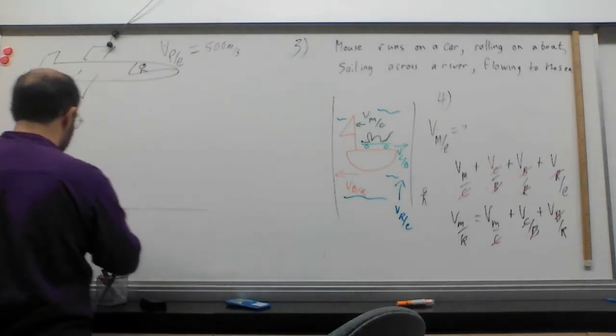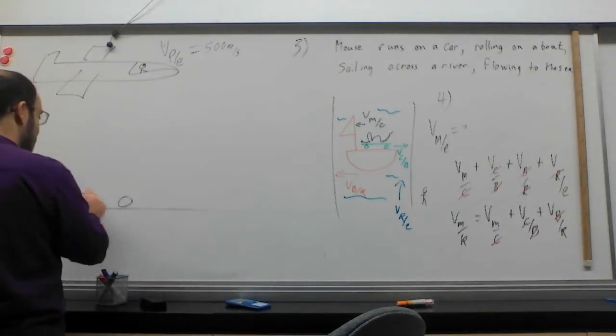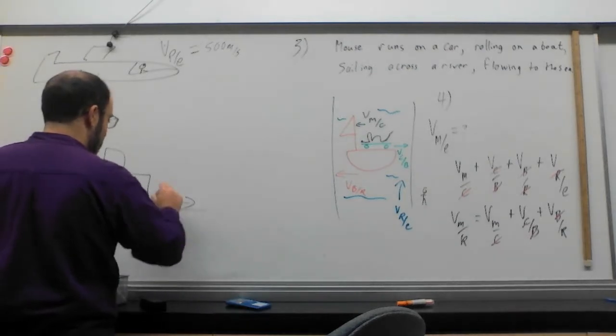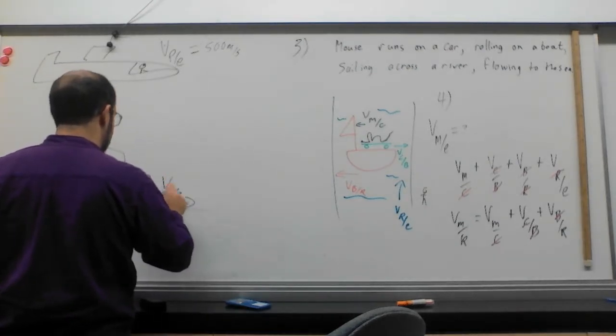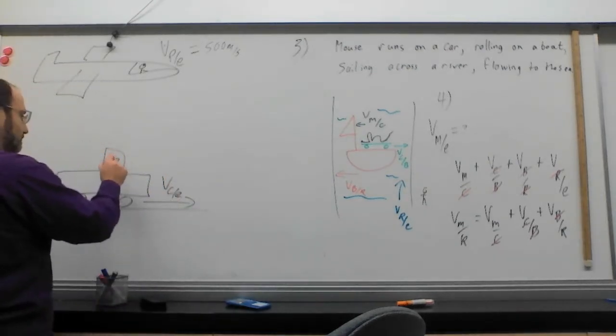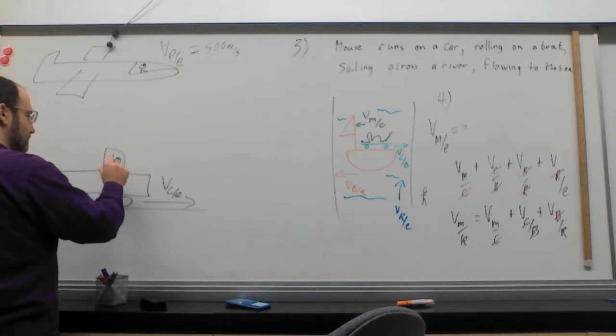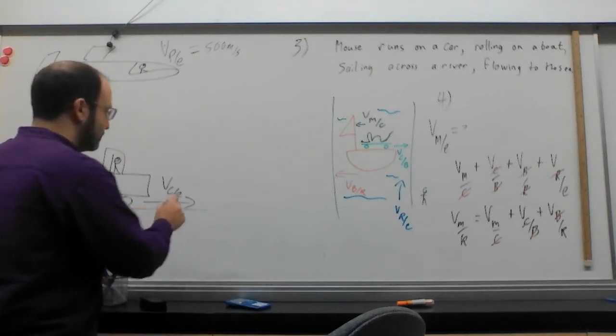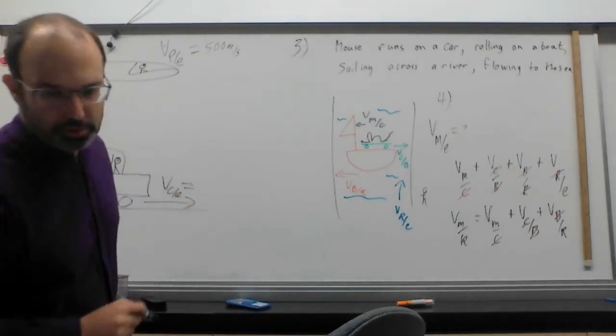Then, on the ground, we have a car. And the car is going this way with the velocity of the car with respect to the Earth. And again, we're going to put a little observer in the window. And this one I'm going to say is moving at, I think I chose 30.